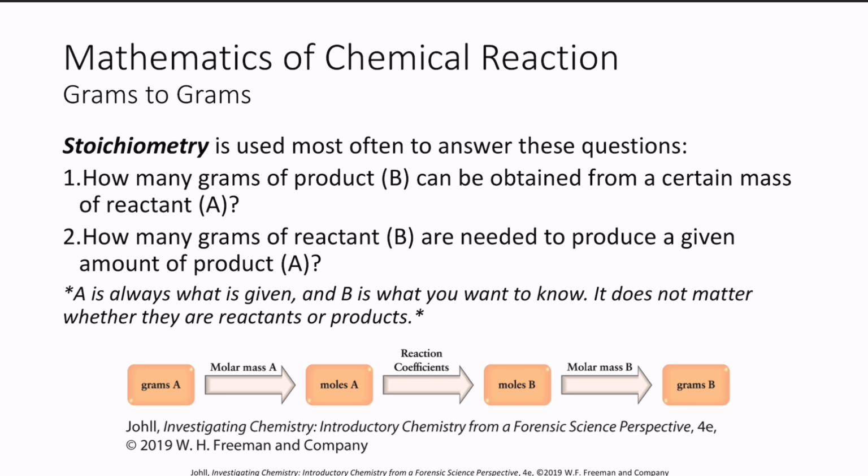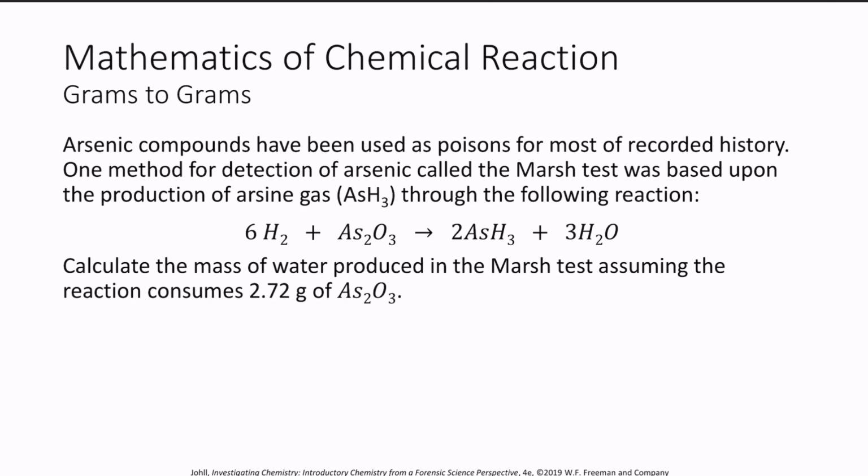Don't be alarmed if you did not follow along with that at all. So let's put some numbers to this and some actual molecules or compounds instead of using A or B. Here is a chemical equation right here. Arsenic compounds have been used as poisons for most of recorded history.